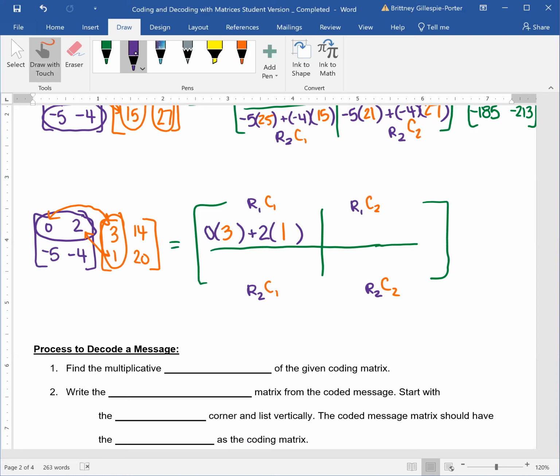Taking row 1 times column 2, we're going to have 0 times 14 plus 2 times 20.